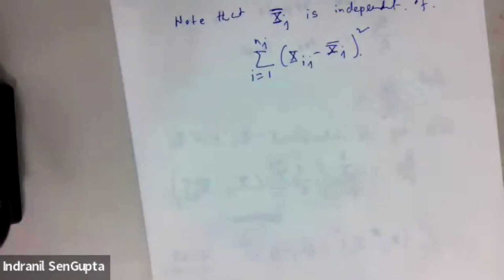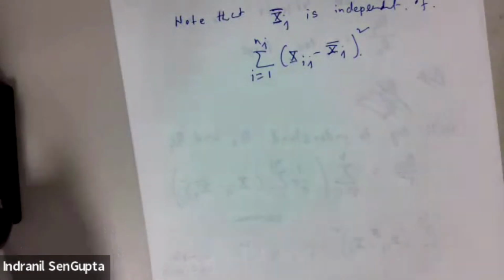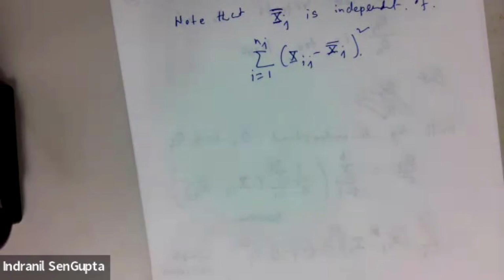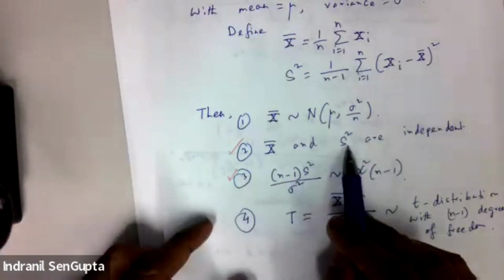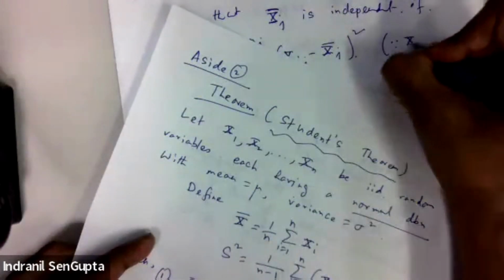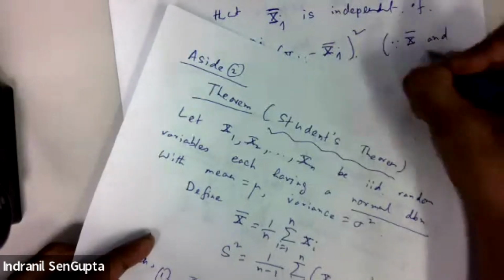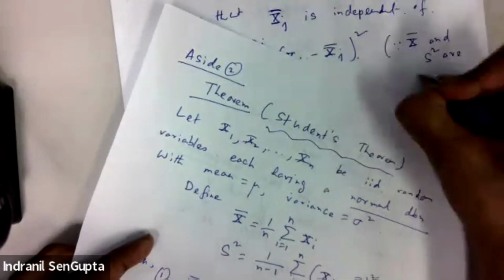Why? Because of the first theorem that we showed in class today. Yeah, it's right here. X bar and s squared are independent.